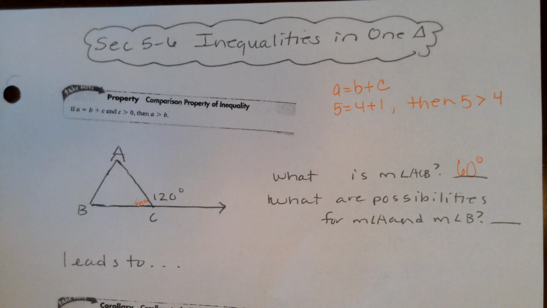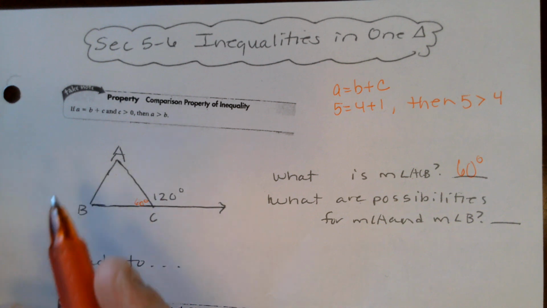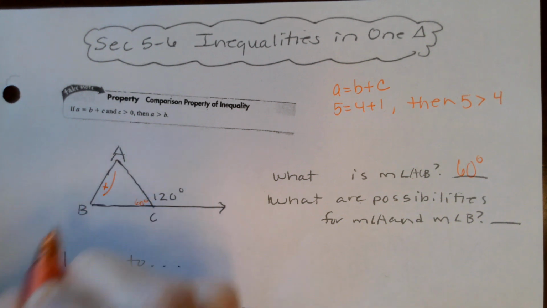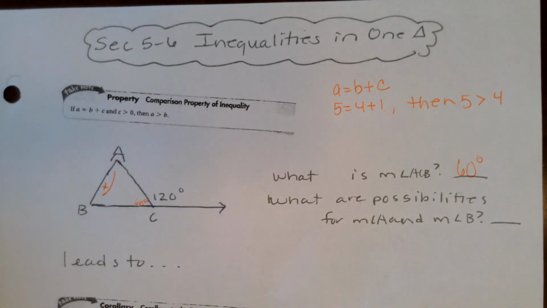Now what are the possibilities then for this? Do you remember the triangle inequality theorem that told you that this is equal to these two added together, angle A and angle B? So what does that tell you about each of them individually?